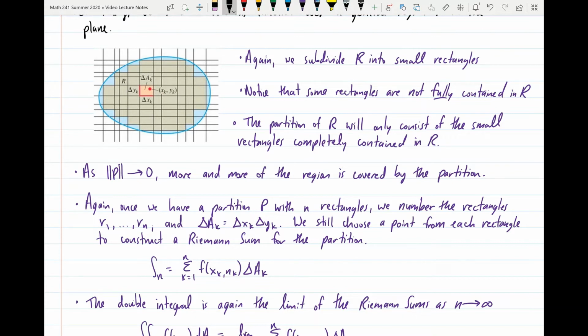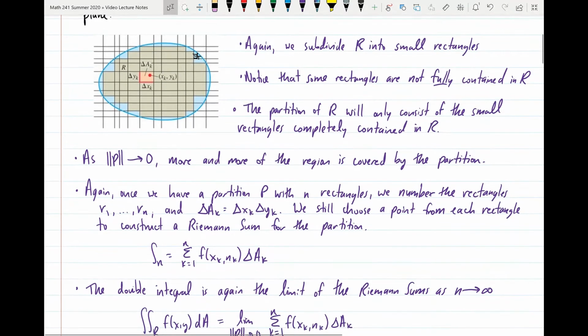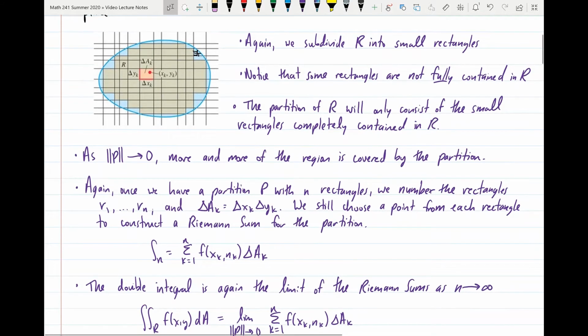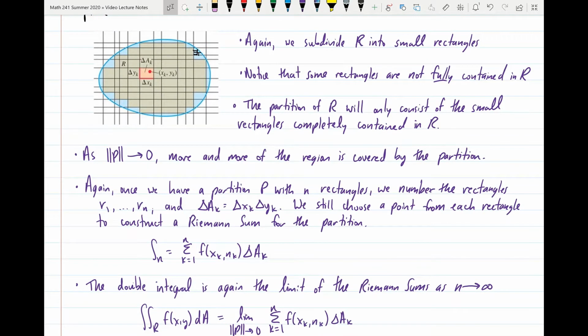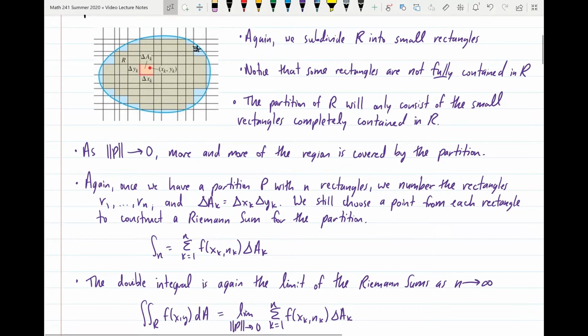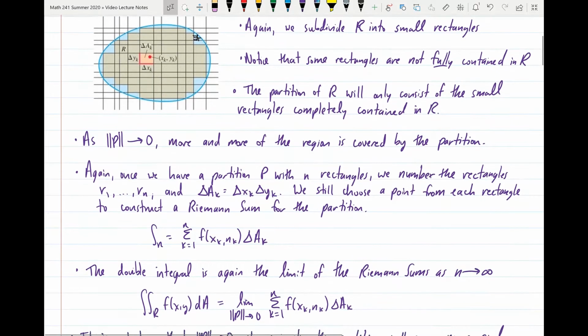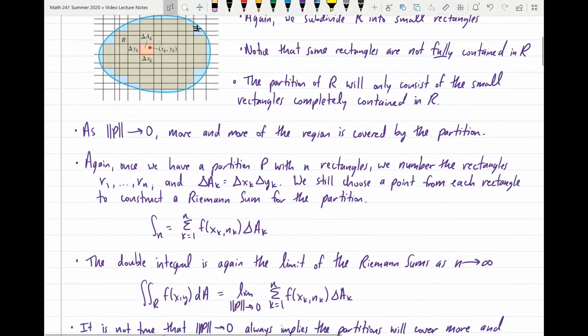If you look up at the diagram, if I keep making the partition smaller and smaller, then I can get more and more rectangles inside of the region completely, and eventually it's going to be so close to covering the entire region that it won't matter anymore. So the limit as the norm of the partition goes to 0 is still going to be a Riemann sum similar to the one we had for rectangular regions.